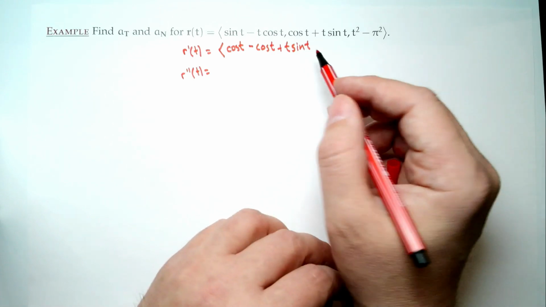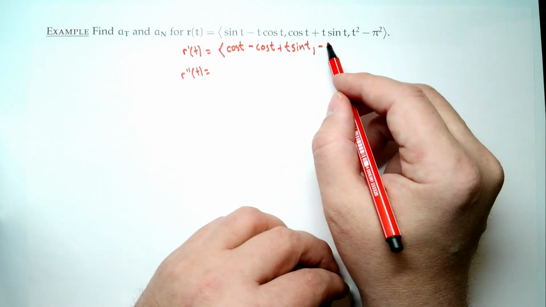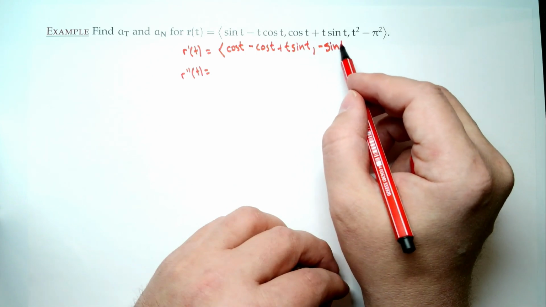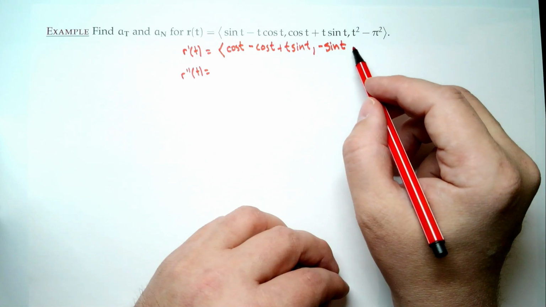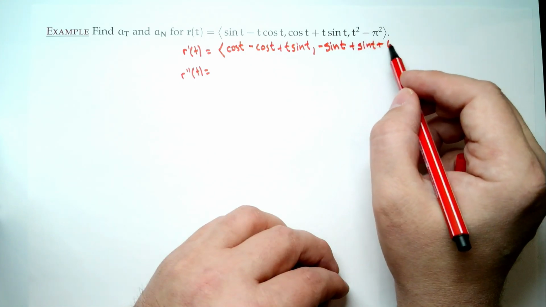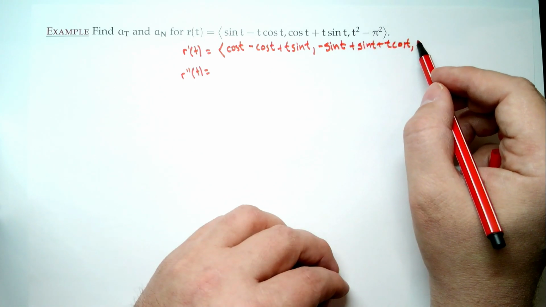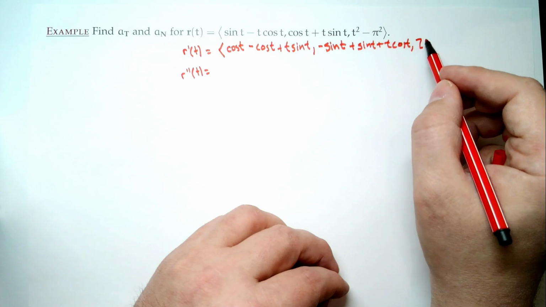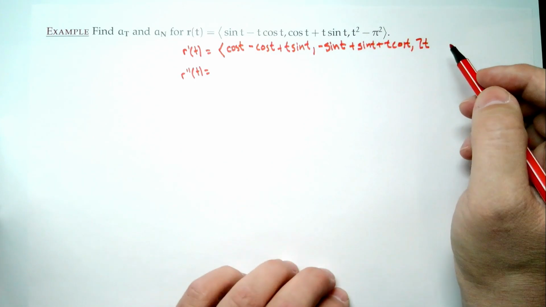Okay, second derivative. In the interest of time, I'll quickly fill it out. Minus sine t. Then the derivative of t sine t is sine t plus t cosine t. And the derivative of t squared minus pi squared is 2t. What about the derivative of pi squared? It's 0.